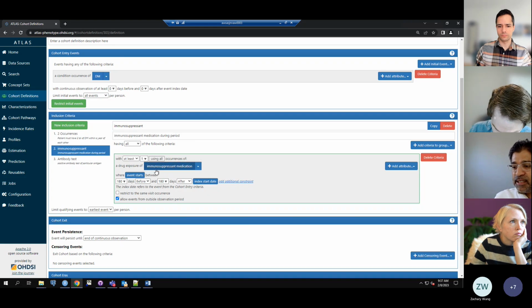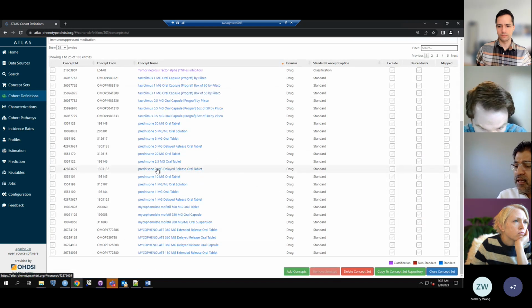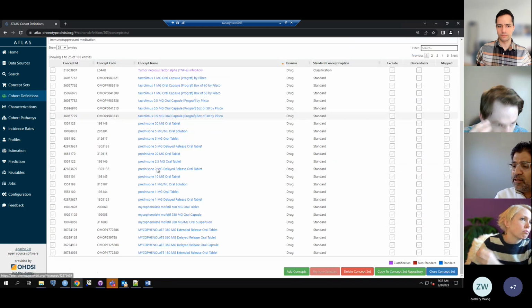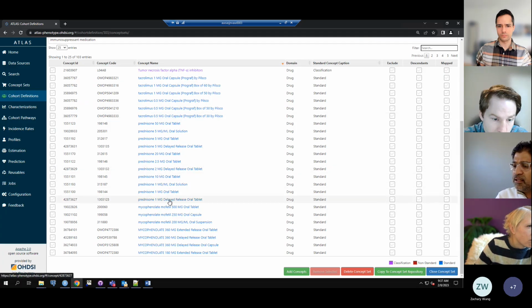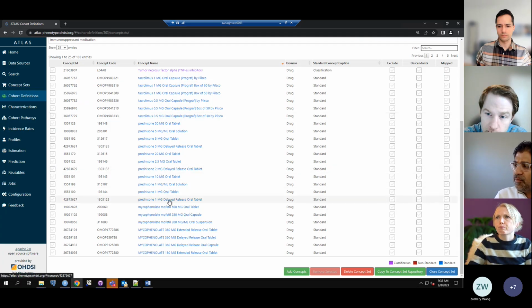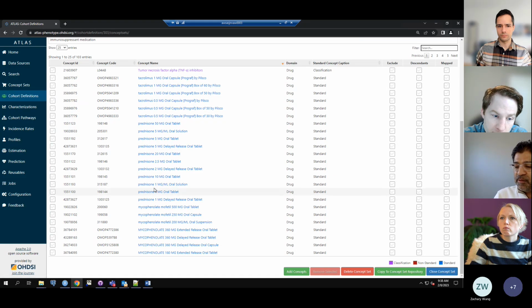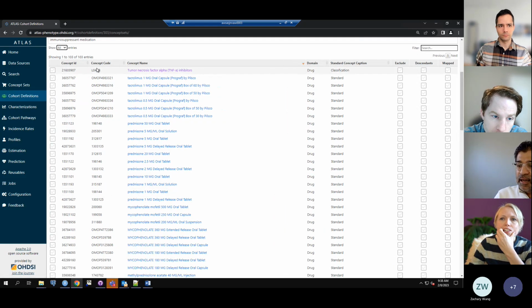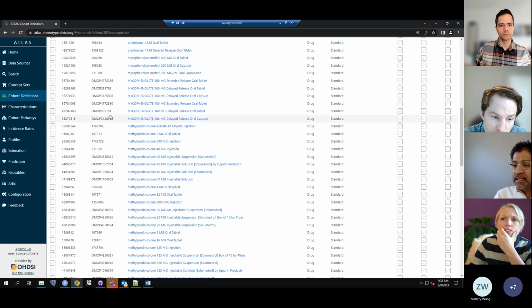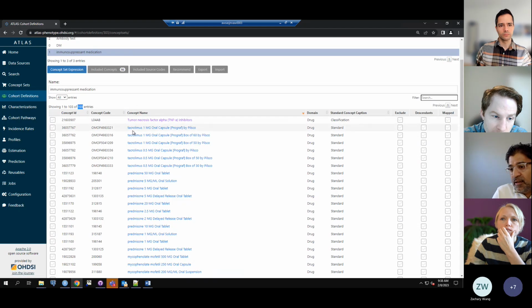So the immunosuppressant medication definition, which says 180 days before to 180 days after, sounds reasonable to me. The one thing I would recommend you to do is to make this more parsimonious. It just looks a little heavier with 103 row items. You could probably select tacrolimus.